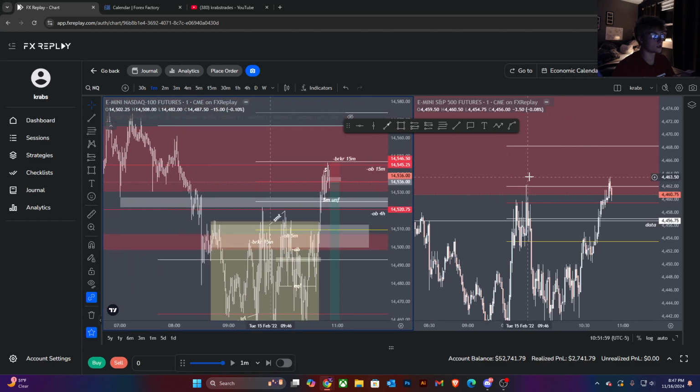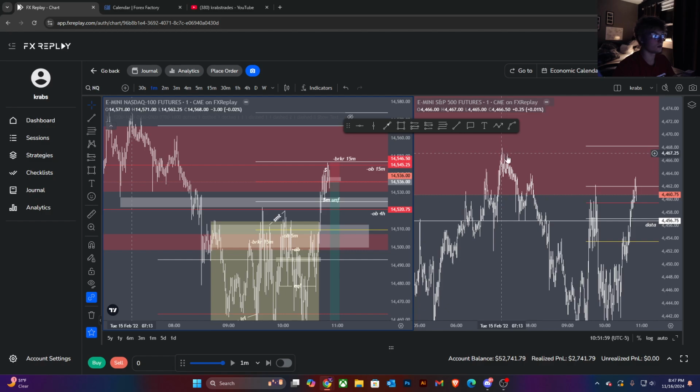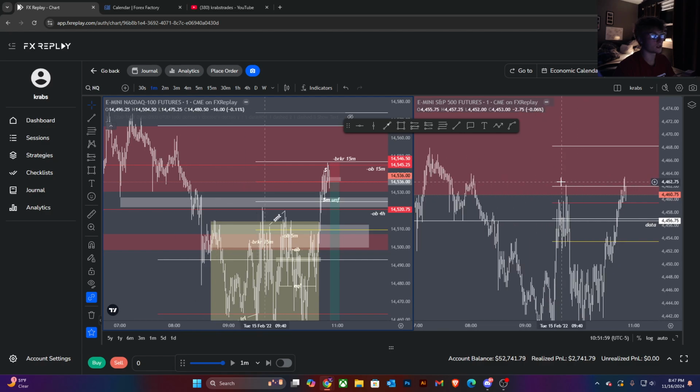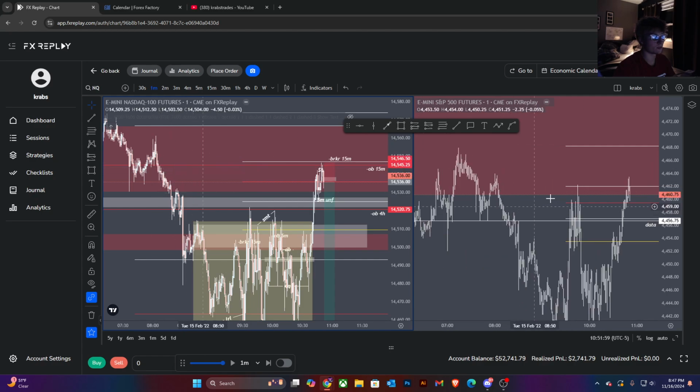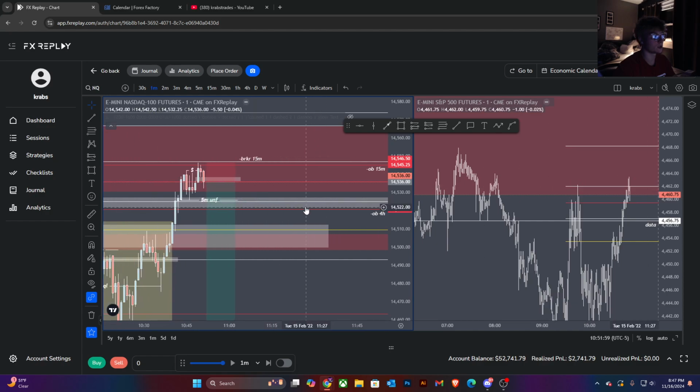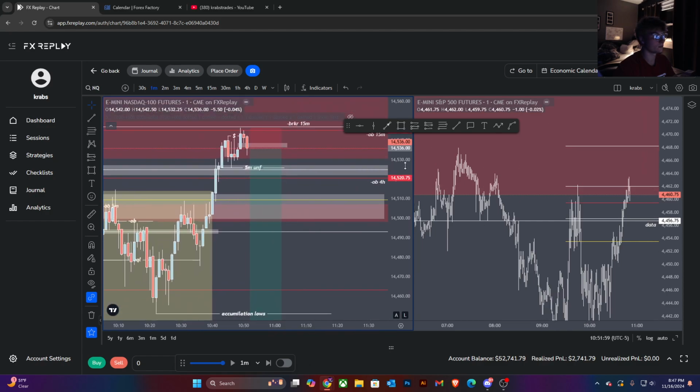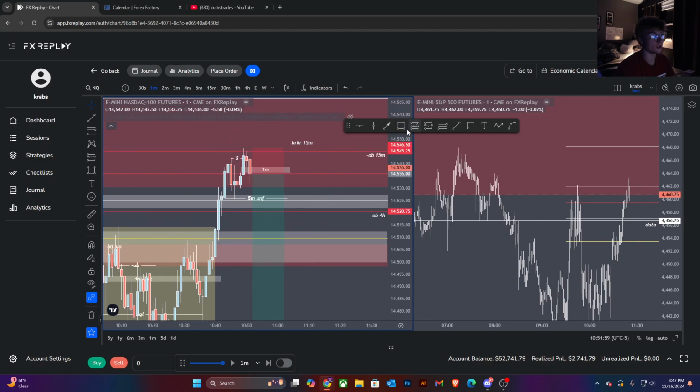Also, is this an SMT? No. It's not SMT, but do we have some type of SMT? No, but it's alright. Already had the manipulation leg is what I like as well. So yeah, we'll try this for sure.